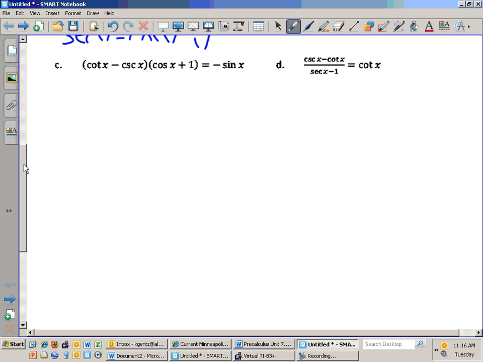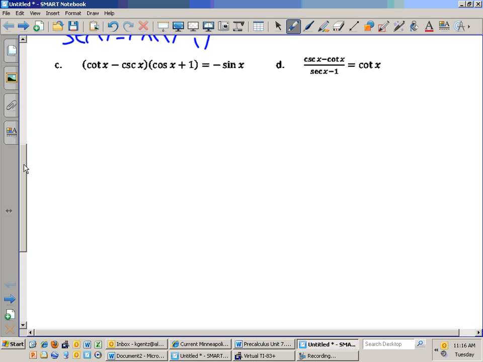Sometimes if you have a fraction like such, you should combine the elements in the top together and the elements in the bottom together to make a complex fraction. So all I'm going to do is cosecant minus cotangent and write it as one fraction. And then the bottom, secant minus 1, write it as one fraction.